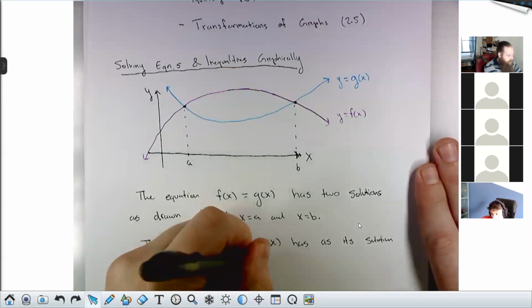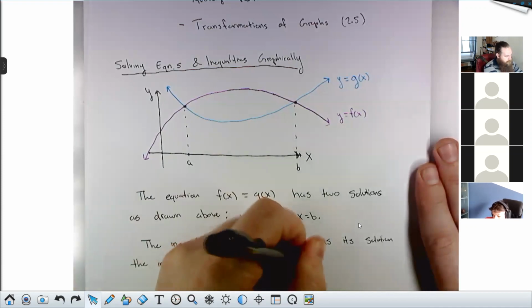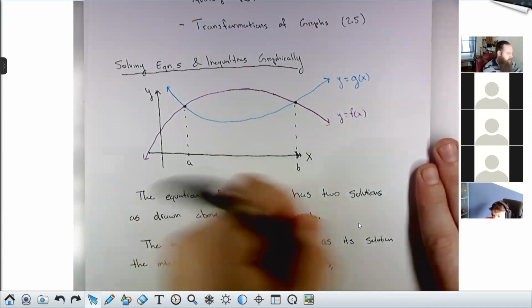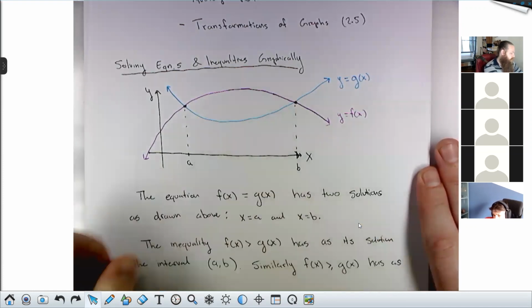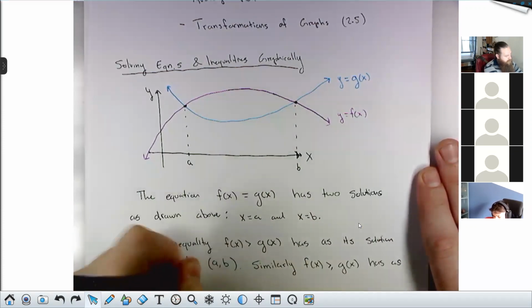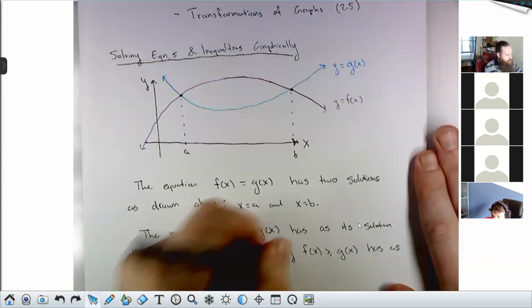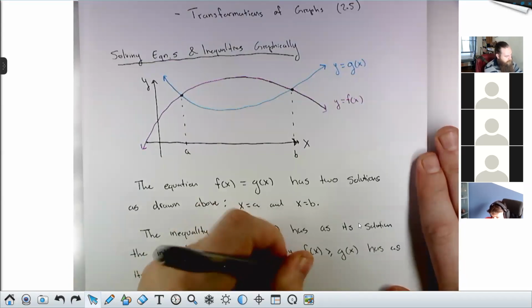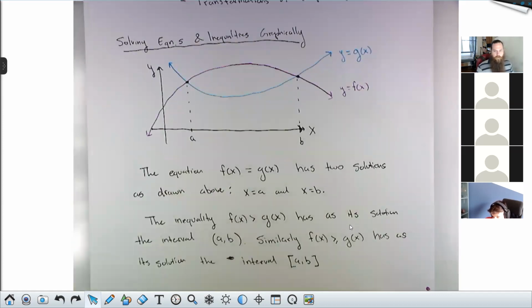I could say, similarly, the inequality f of x is greater than or equal to g of x has as its solution the closed interval a to b closed like this, because the two x values a and b would satisfy this inequality.